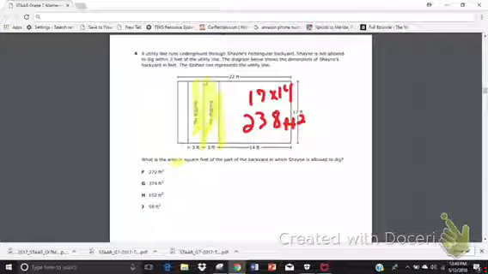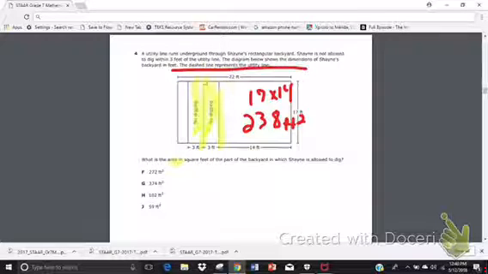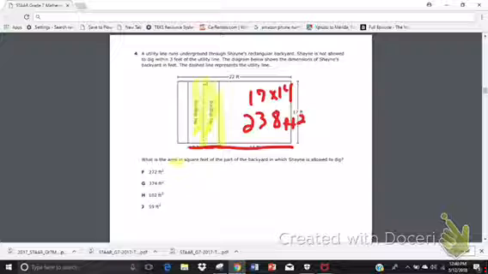But is that it? No, we can't forget about this little section over here, kiddos. So if all of this is 22 feet, and that's 14, and that's 3, and that's 3, 14 plus 3 plus 3 is 20. So I guess we can say that this right here is 22 minus 20. So that has a width of 2 feet.